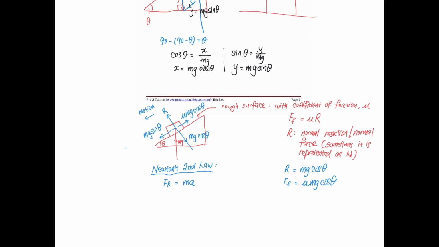To find the resultant force, as we know the object is moving down the slope, we take down the slope as the positive direction and up the slope as the negative direction. So I use down the slope as positive, and then up the slope I have to subtract because I assume that is the negative direction: mg sin theta minus mu mg cos theta equal to ma.